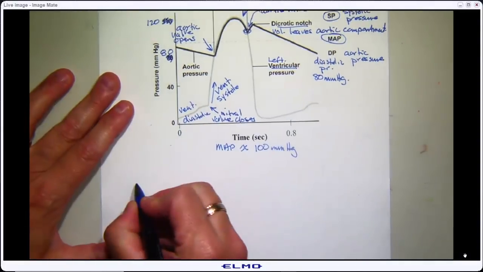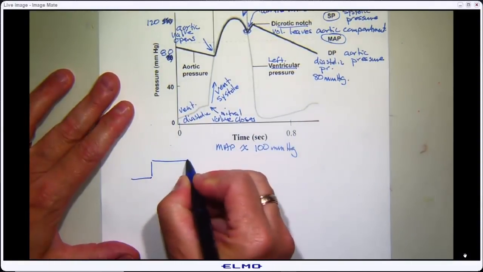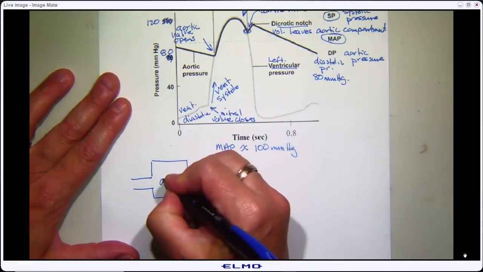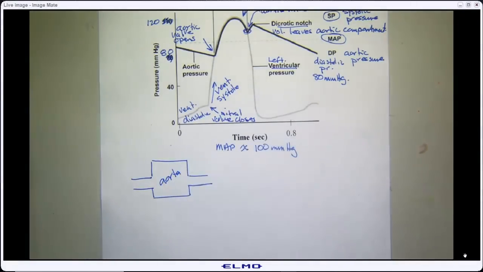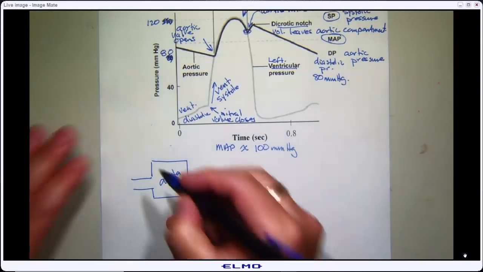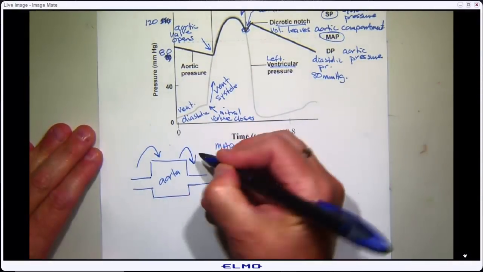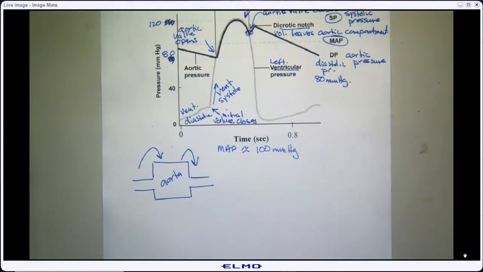Very simply, if this is our aortic compartment, we can have a volume going into that aortic compartment, and we have volume moving out of that aortic compartment. And if volume in equals volume out, then that pressure is going to be constant, right? I don't care about volume through it.